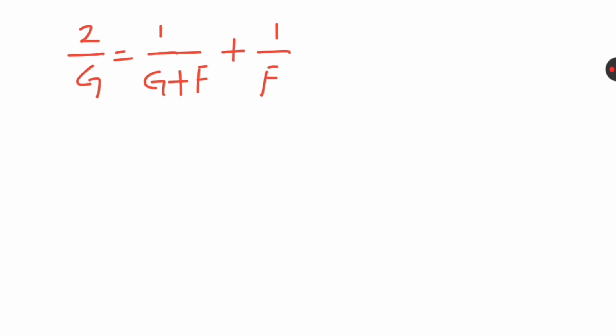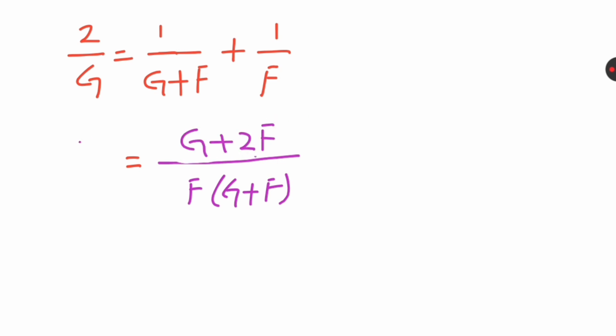What we have is 2 over capital G, that is equal to 1 over x. So just now we found x is nothing but capital G plus capital F, plus 1 over capital F. If we take LCM here, f times g plus f, in the numerator we are going to get f plus g plus f, which gives g plus 2f. On the left hand side we have 2 over g.